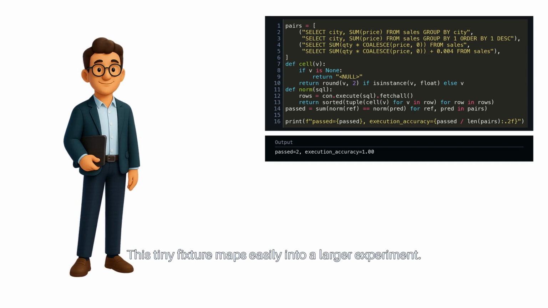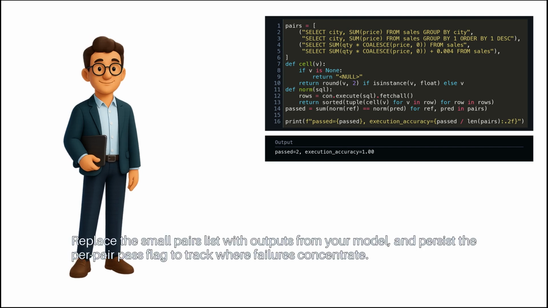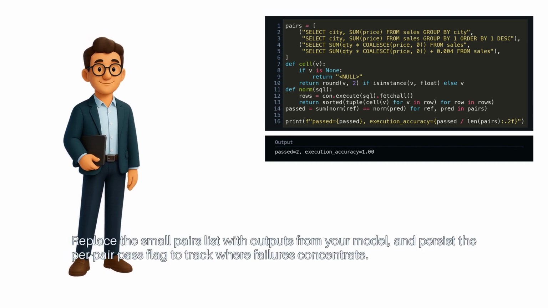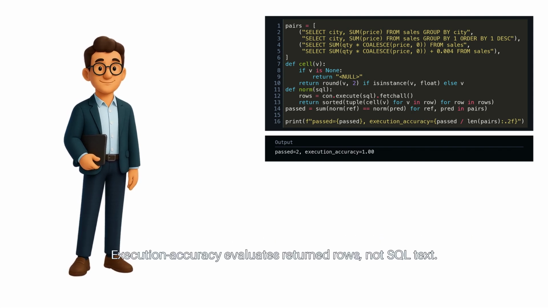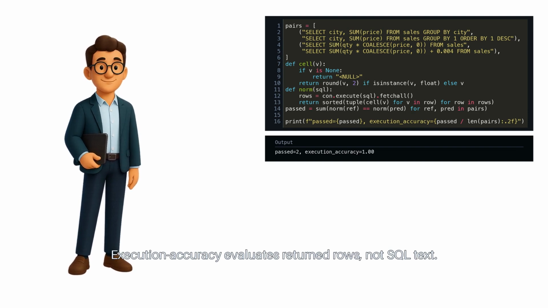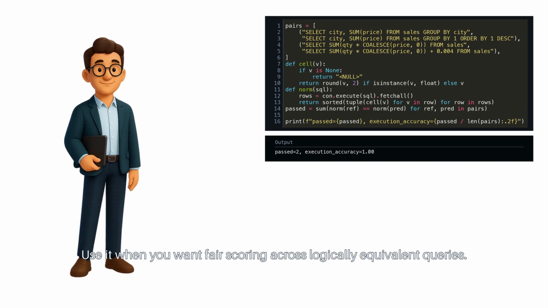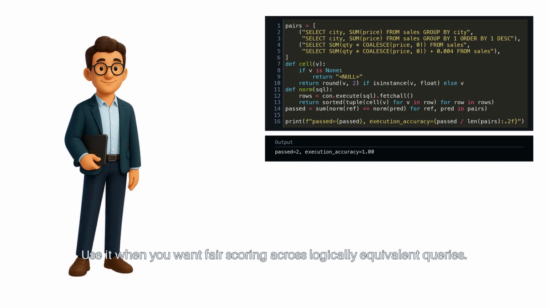This tiny fixture maps easily into a larger experiment. Replace the small pairs list with outputs from your model, and persist the per-pair pass flag to track where failures concentrate. Three quick points to remember. Execution accuracy evaluates returned rows, not SQL text. Use it when you want fair scoring across logically equivalent queries.